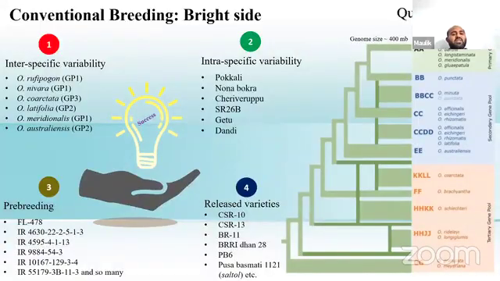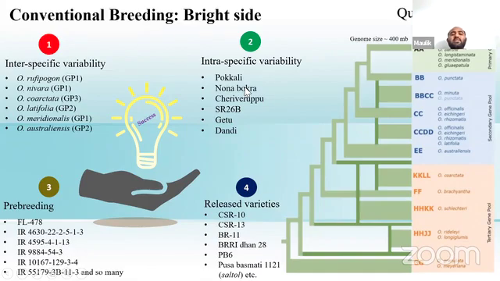But conventional breeding has a bright side. These are the natural variability for salt tolerance: interspecific variability, gene pool 1, gene pool 2, 3. All over the world, mostly as donor parents, Pokkali and Nona Bokra are used for introgression of salt tolerance.